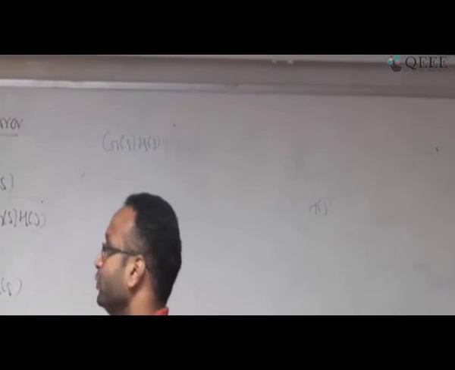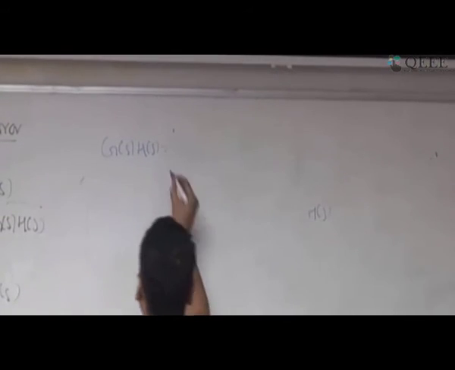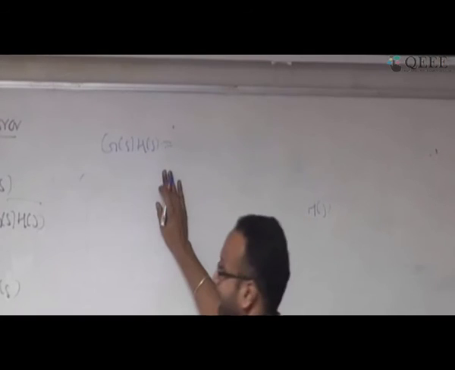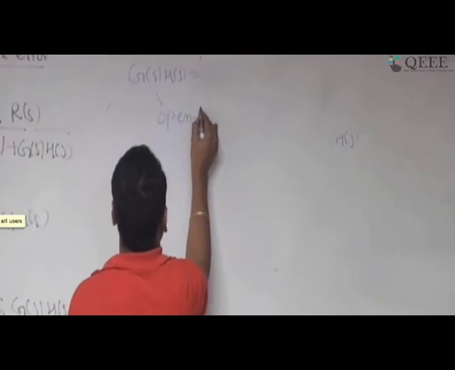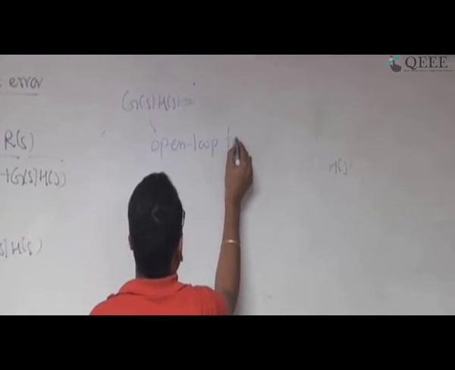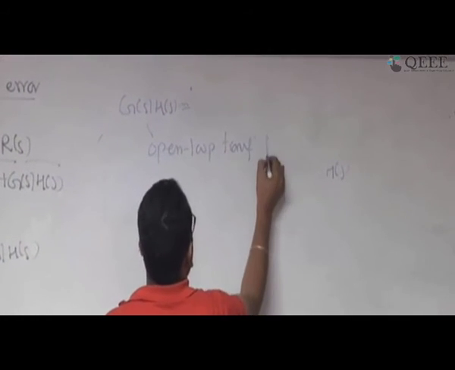Now I want to define one more term. This G(s) into H(s) we have come across is also defined as the open loop gain. It is also called the open loop transfer function.